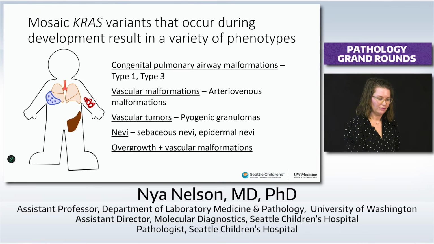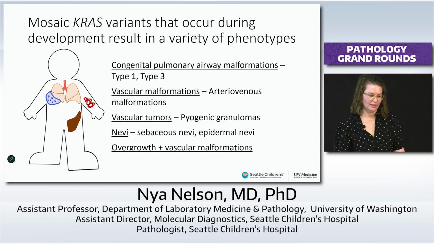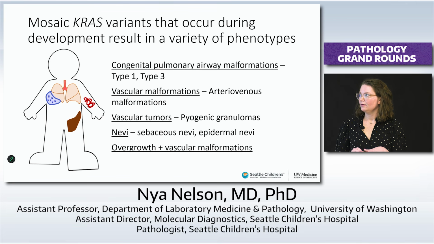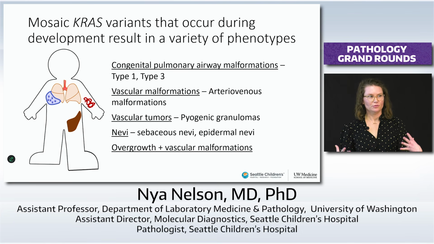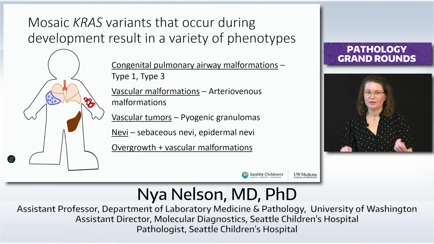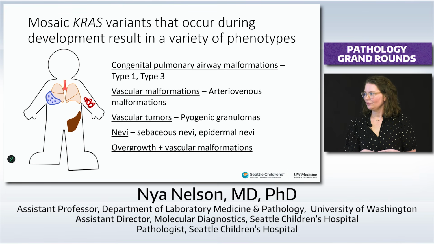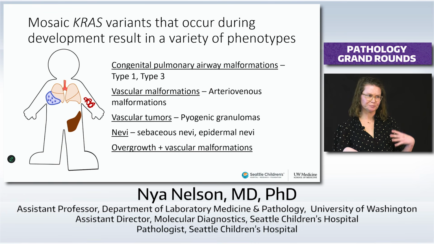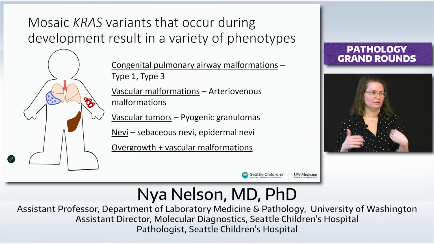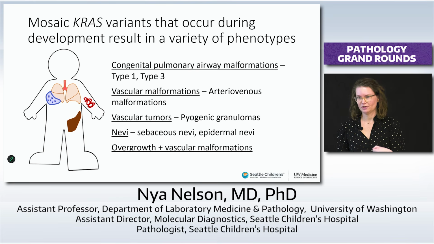Mosaic KRAS variants have been implicated in a variety of different phenotypes, including type 1 and 3 congenital pulmonary airway malformations, vascular malformations that are typically high-flow arteriovenous malformations, vascular tumors, specifically pyogenic granulomas, a variety of nevi, including both sebaceous and epidermal, as well as some patients that have a unique overgrowth and vascular malformations phenotype that we'll talk about.